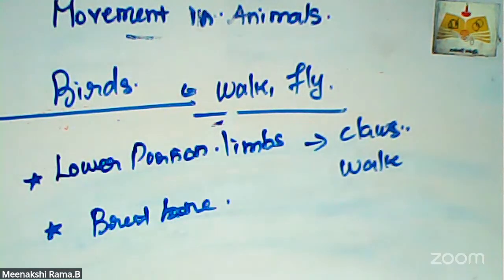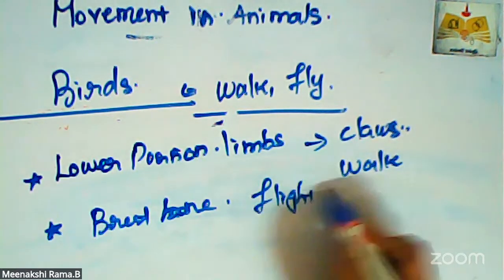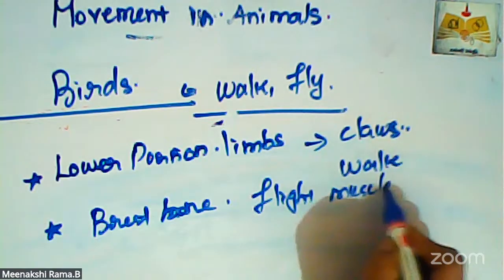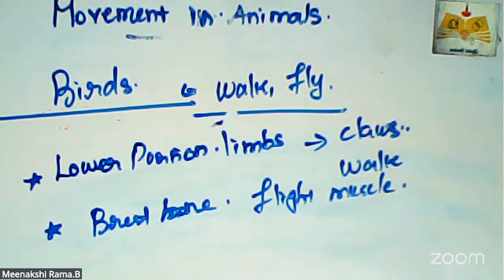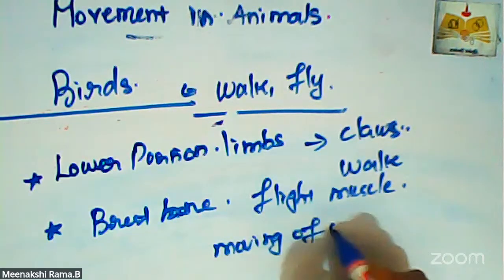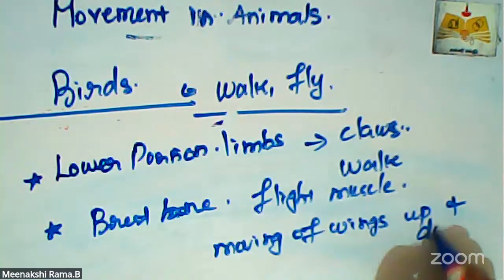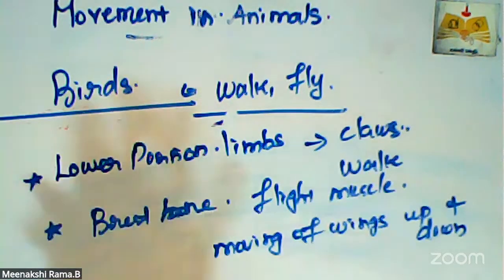These muscles help the moving of wings up and down. So in this way, the birds are flying.